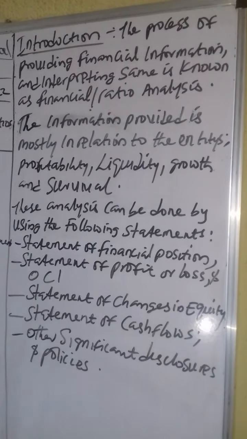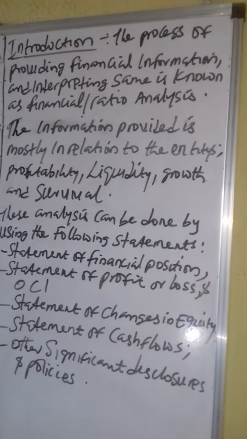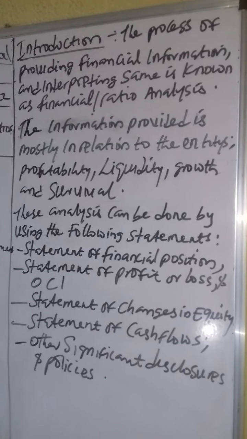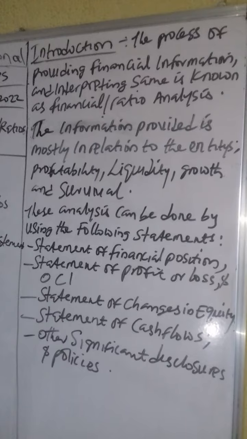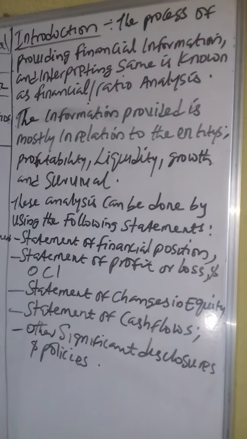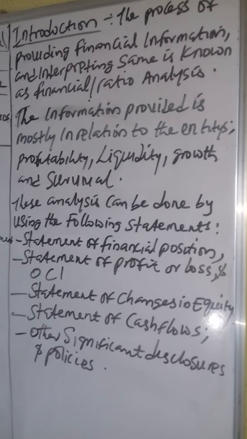The accounting policies of an entity are a great determinant of what you see in the final report of a company, whether national or multinational. Now let's quickly look at the benefits of preparing ratio analysis and also the limitations.